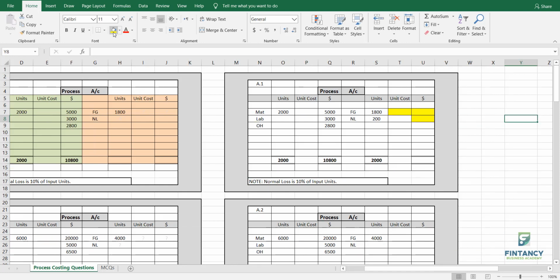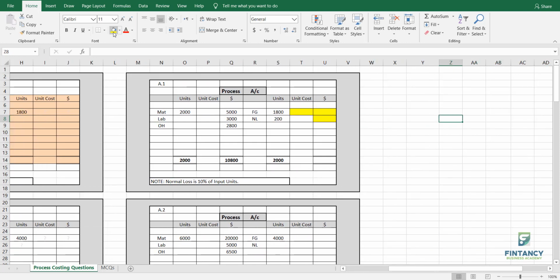So you need to remember a formula. For solving this type of question, you need to remember a formula to calculate the unit cost.